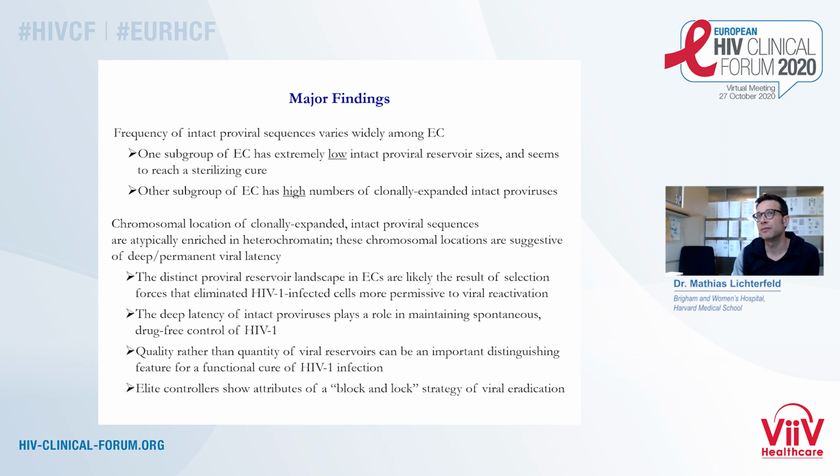And what we have seen here using the new types of technologies that we have developed is that intact proviruses in elite controllers are really located in highly distinct positions of the human genome that are associated with heterochromatin features and are essentially repressed and not transcriptionally active. And we believe that these particular locations in the genome play an important role in maintaining drug-free control of HIV for extended periods of time.